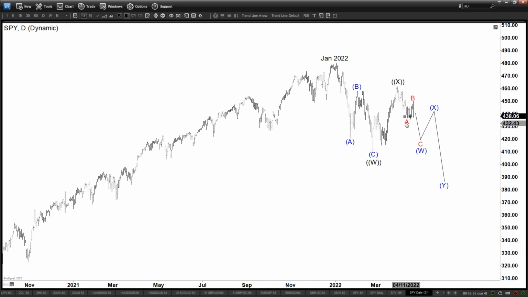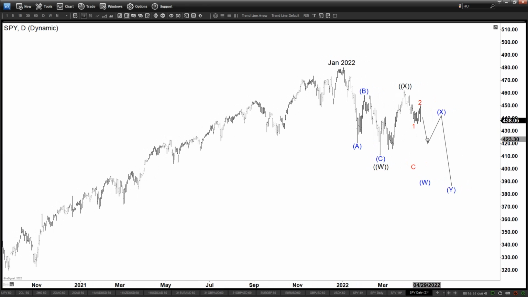Now another option is going to be 1, 2. If it is 1, 2, then the structure is going to be slightly different.